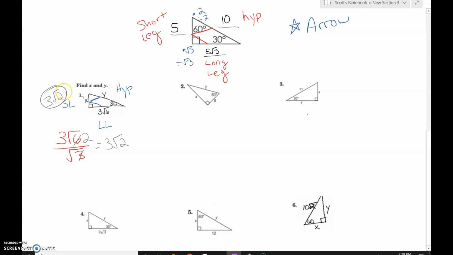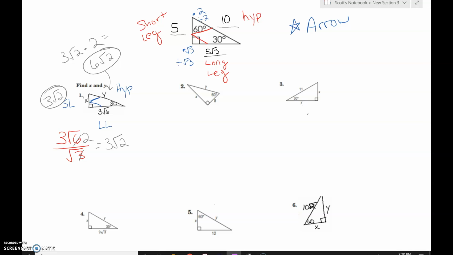So I'm going to take 3 square root of 2 times 2. When I simplify this, the 2 is outside the square root, so I go outside with outside. 2 times 3 is 6. Then you bring along the square root of 2. That would be the y.